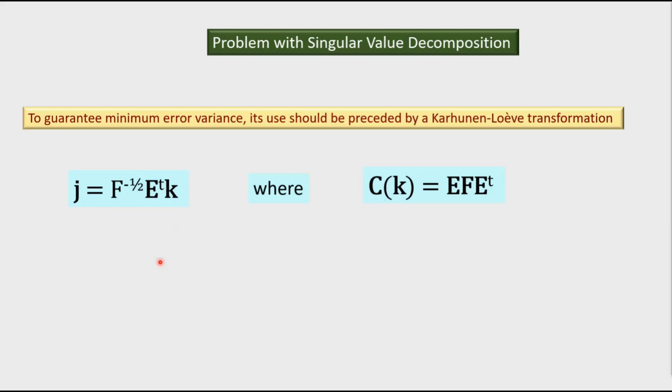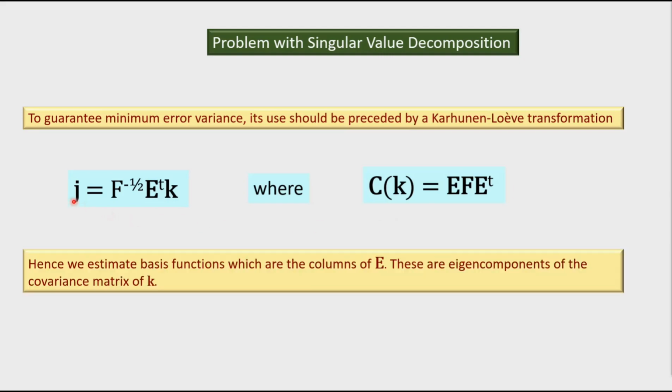The chief disadvantage of singular value decomposition is the fact that its guarantee of a minimum error variance solution to the inverse problem relies on having to transform parameters in accordance with what we conceive to be the prior probability distribution of those parameters. Now, by doing this, by estimating the elements of J, we're actually estimating basis functions which are the columns of the E matrix.